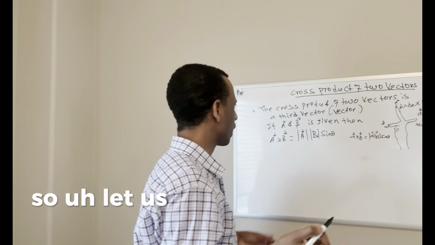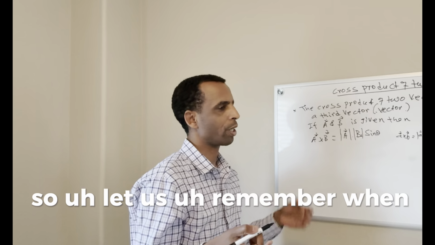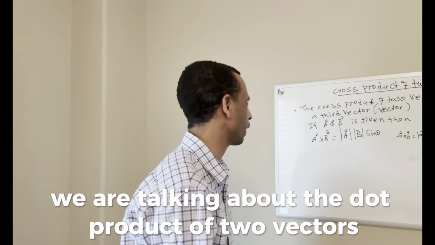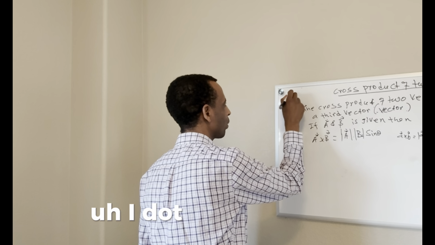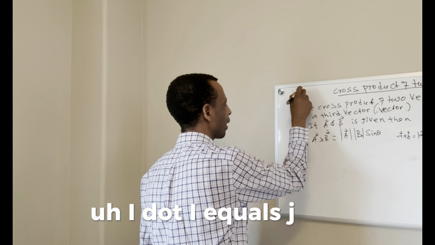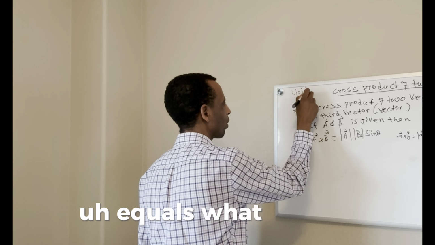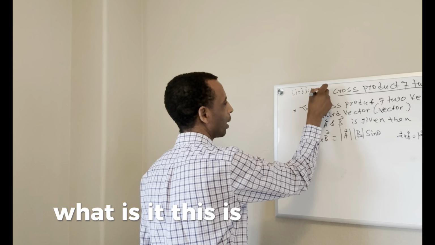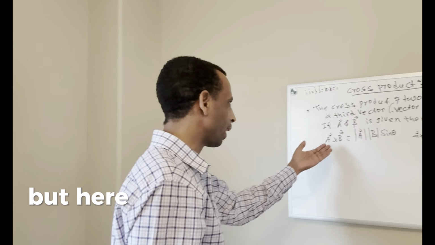Let us remember, when we were checking the dot product of two vectors, I dot I equals J dot J equals K dot K, and this is 1. Why?